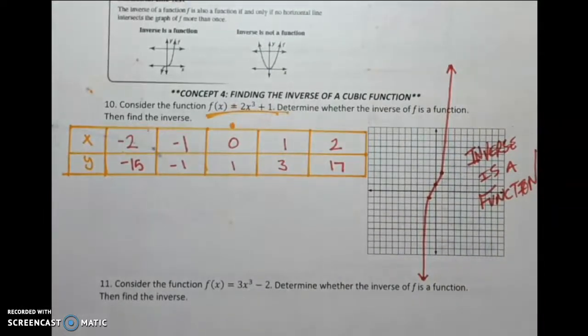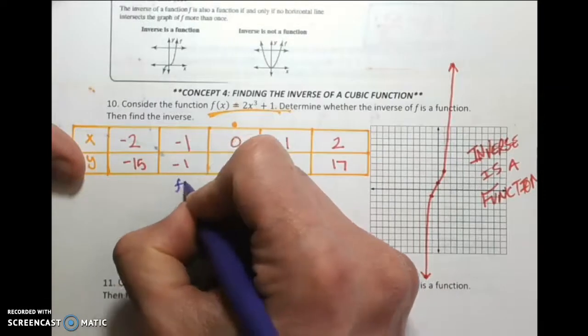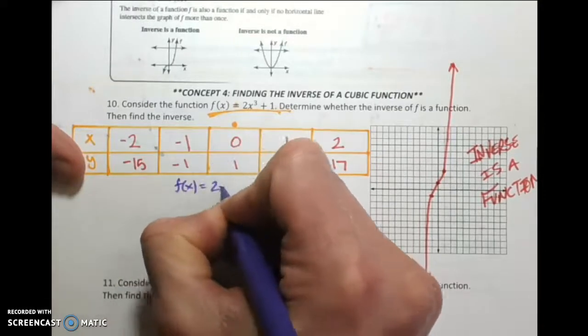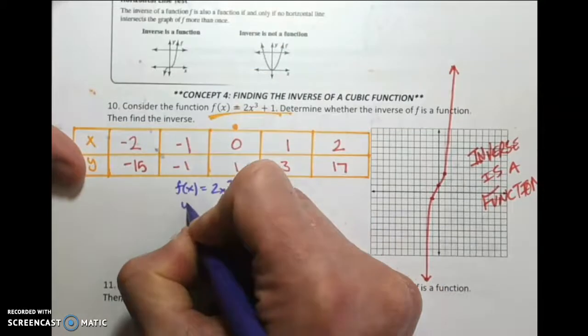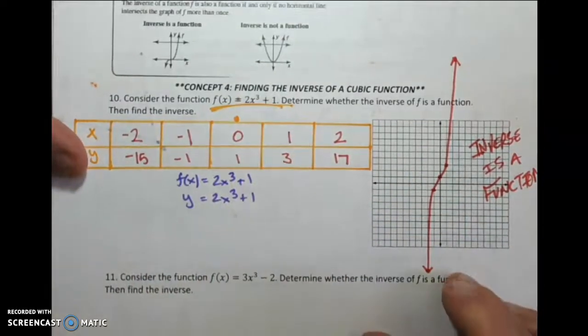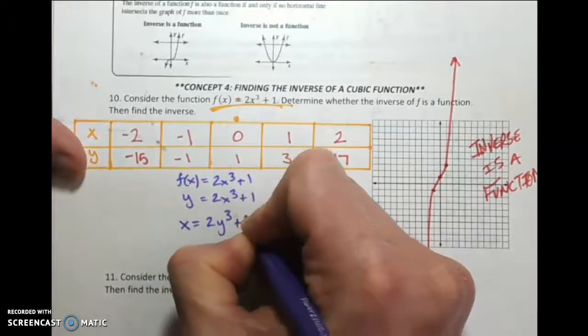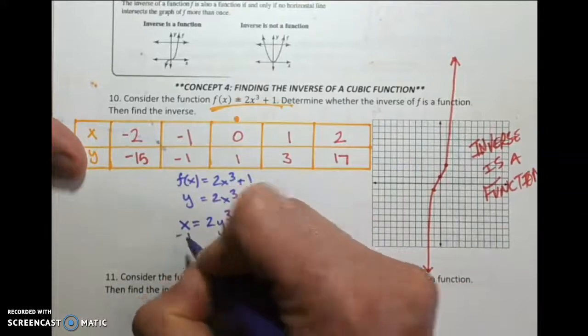The second question on this one was to find the inverse. Again, I'm going to replace f of x with y. Then I'm going to flip the order, so x equals 2y cubed plus 1. I'm going to subtract 1 from both sides.